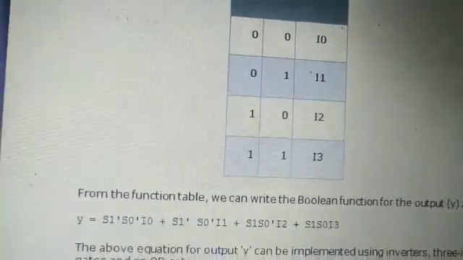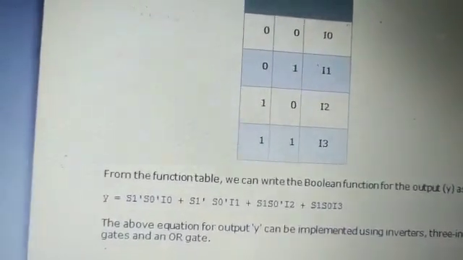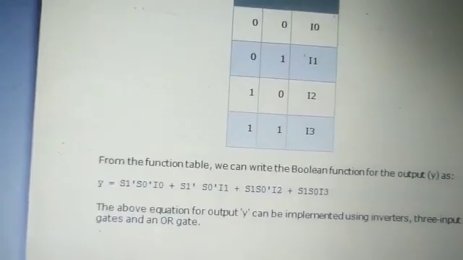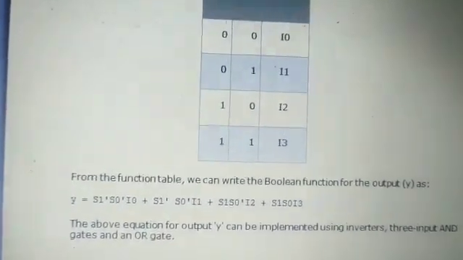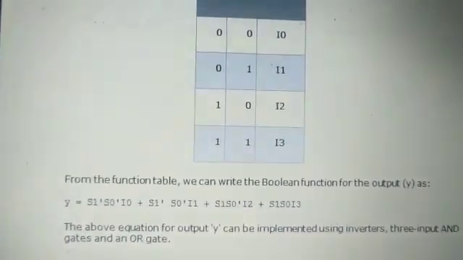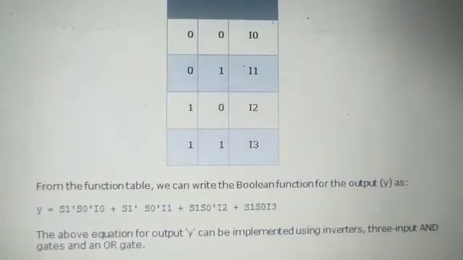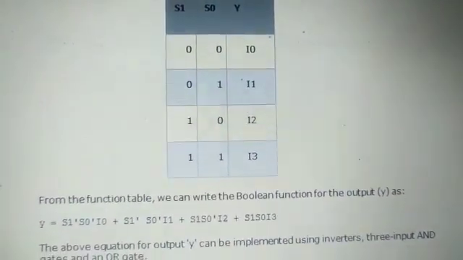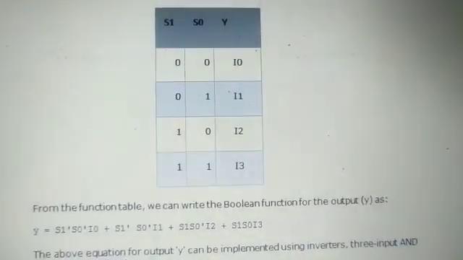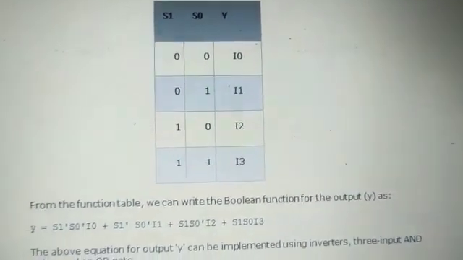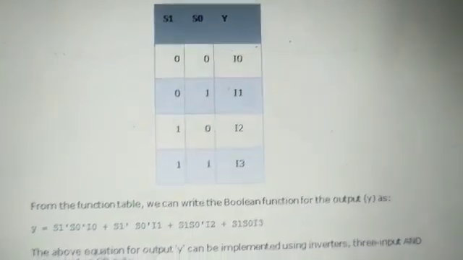From the truth table, the logical expression for the output in terms of data inputs and the select lines is as follows. If you try for the first one, I0 will be selected when S1 and S0 are in the bar form, which means 0 is passing from both. If both select lines are 0, 0, then only the first input will be selected for the output.